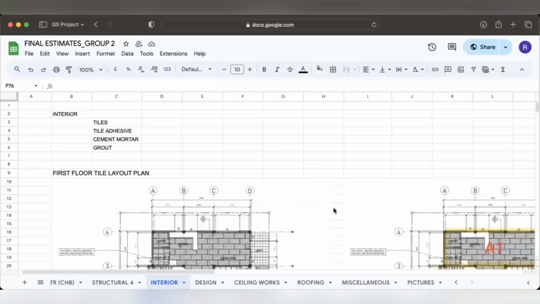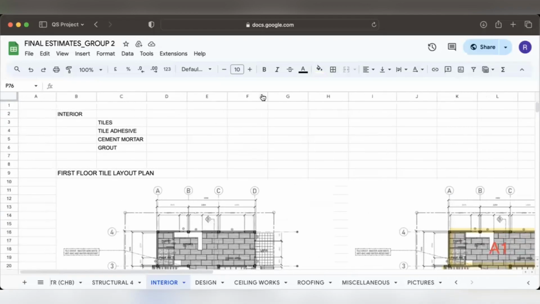So the purpose of solving this is to be able to efficiently use all the materials for the tiles for the first floor layout and the second floor layout. And remember that if you're not that familiar with the parts, for a short discussion, cement mortars are used as a base layer for the tiles, providing a stable foundation.